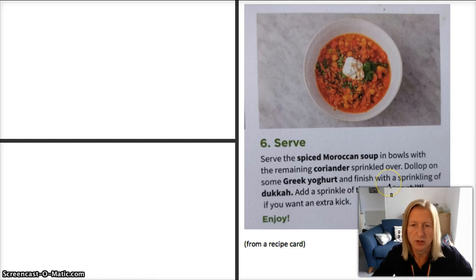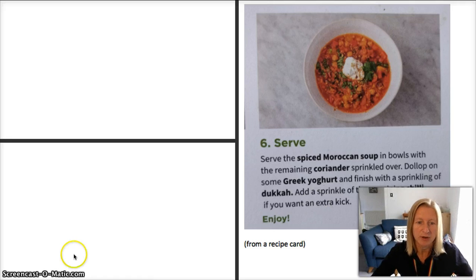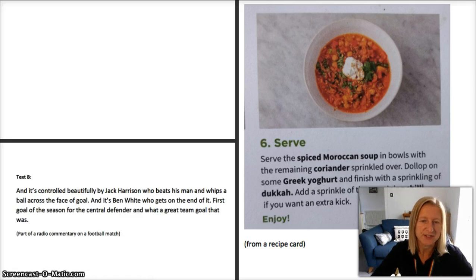So words like dollop obviously are quite informal. Even sprinkle, and also then an extra kick. So this text very much comes across from the perspective that it might have been said by someone perhaps like Jamie Oliver.